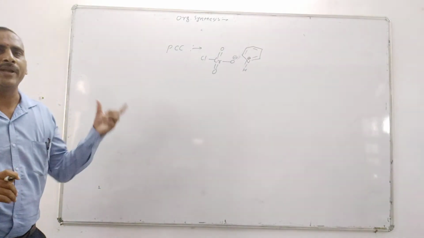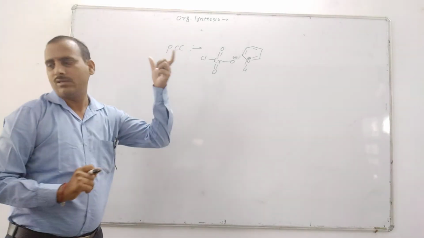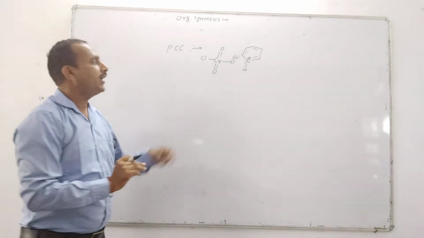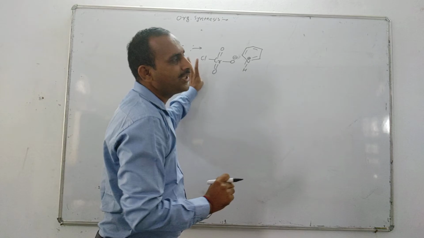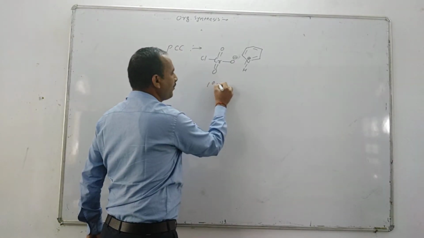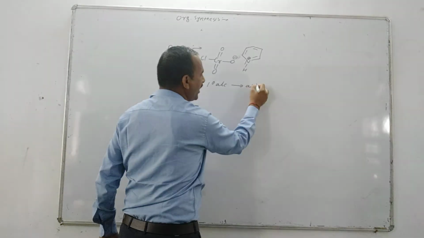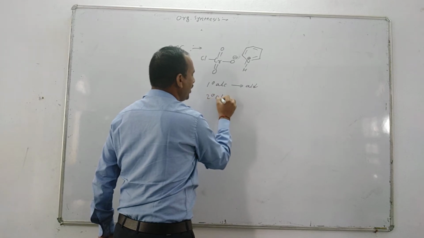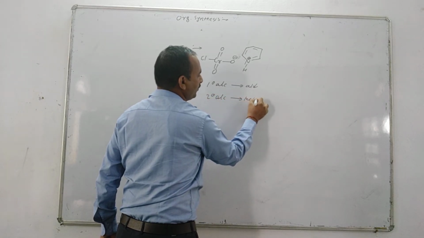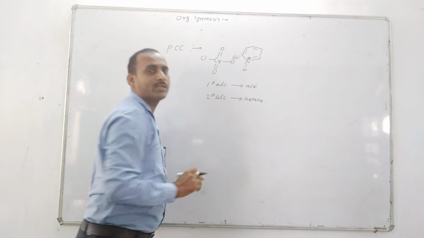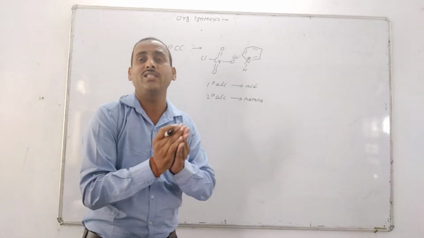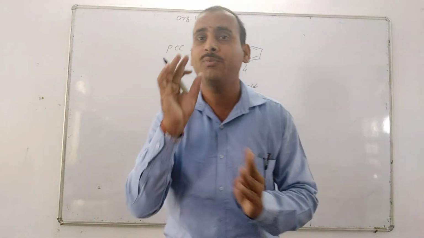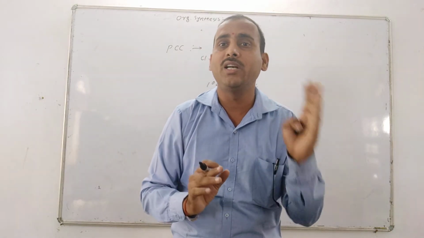This is the PCC oxidizing agent, and it oxidizes primary alcohol to aldehyde and secondary alcohol to ketone. So this is a mild and selective oxidizing agent for the oxidation of primary alcohol to aldehyde.